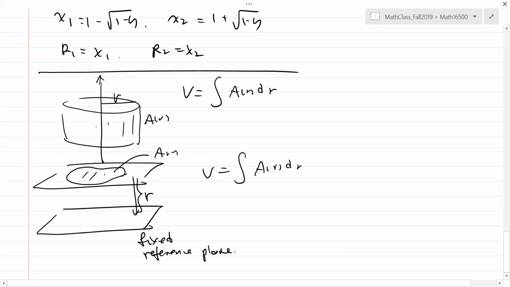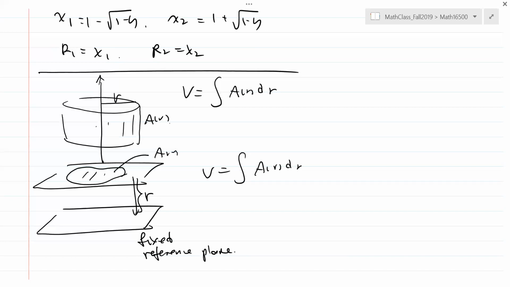Roughly speaking, the volume is just the integral of the area of the cross section. The cross section could be flat, like in this case a fixed plane, and you have a family of planes, just like a CT scan. If you scan a body, you get a sequence of pictures from the bottom, from the seat to the head.